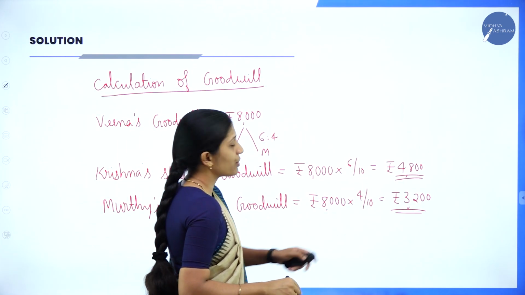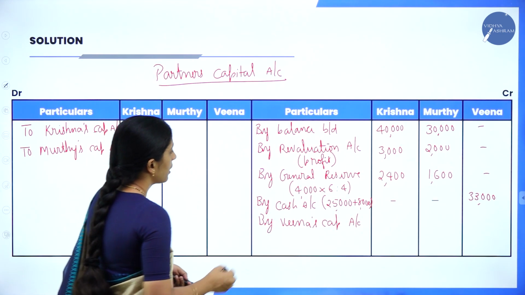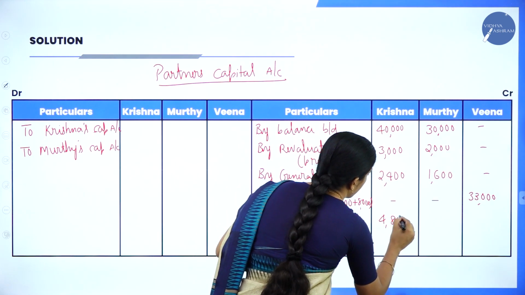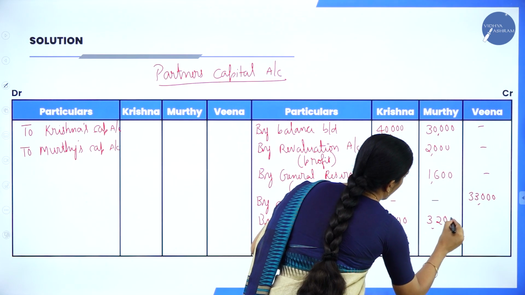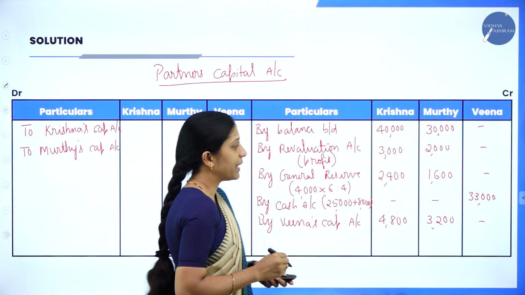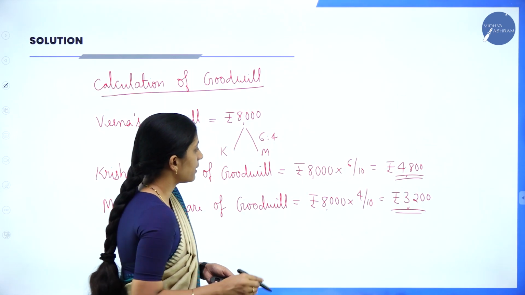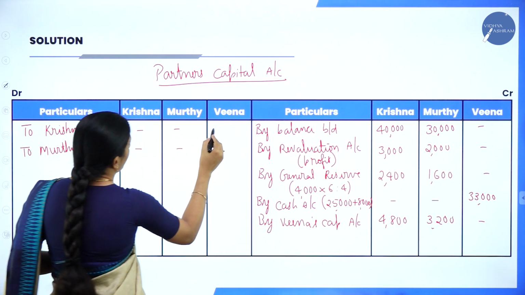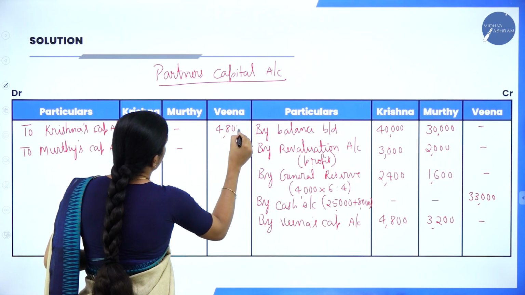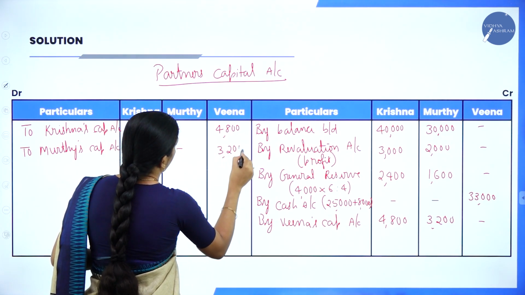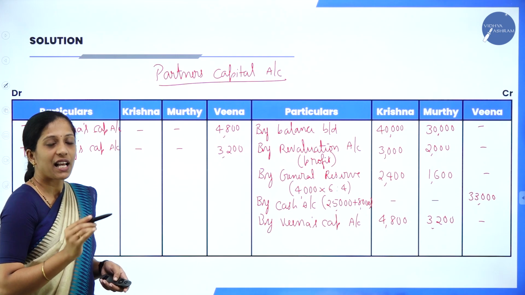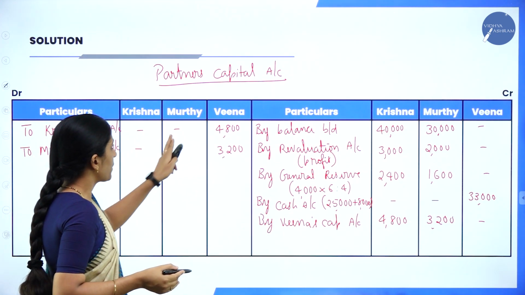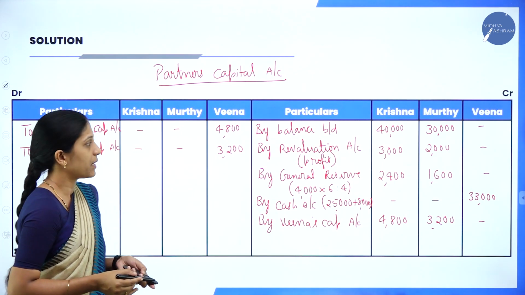How much? 4,800 and 3,200. So while writing in Veena's column, 4,800 and 3,200. Veena's column should be empty. Okay. So 4,800 and 3,200. Here Krishna and Murthy's column should be empty. 4,800 and 3,200. So your goodwill treatment as per accounting standard 26 has to be written like this. New partner's capital account debit to old partners capital account.